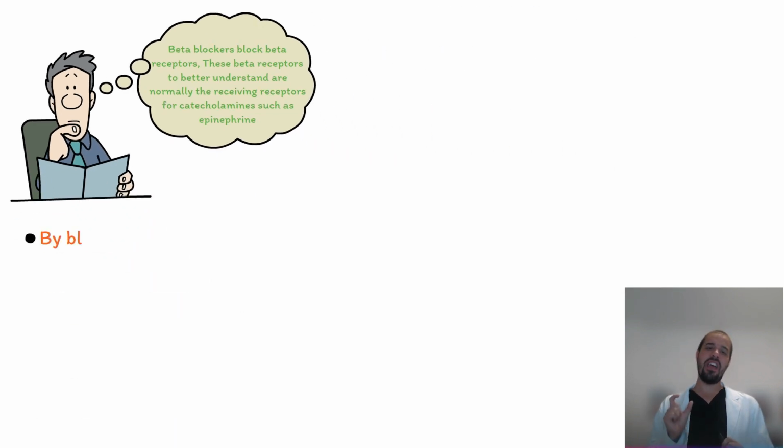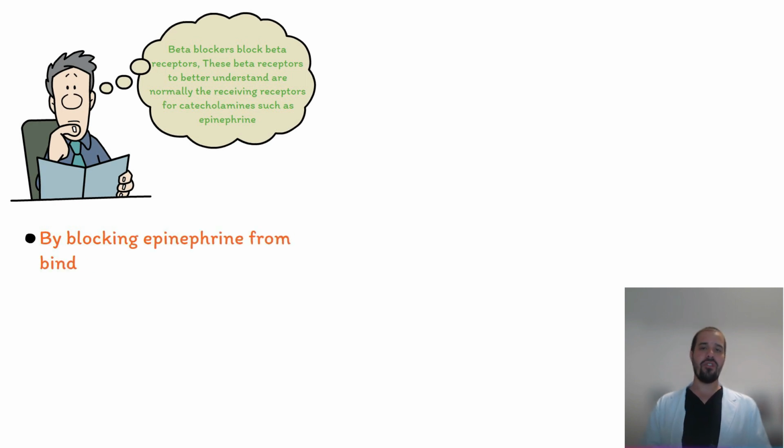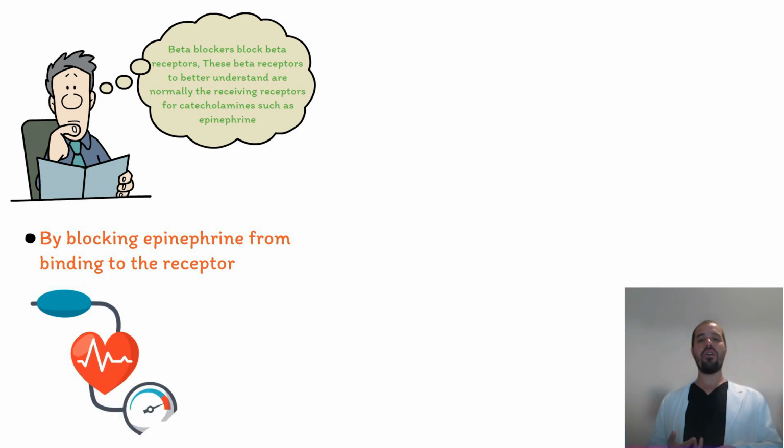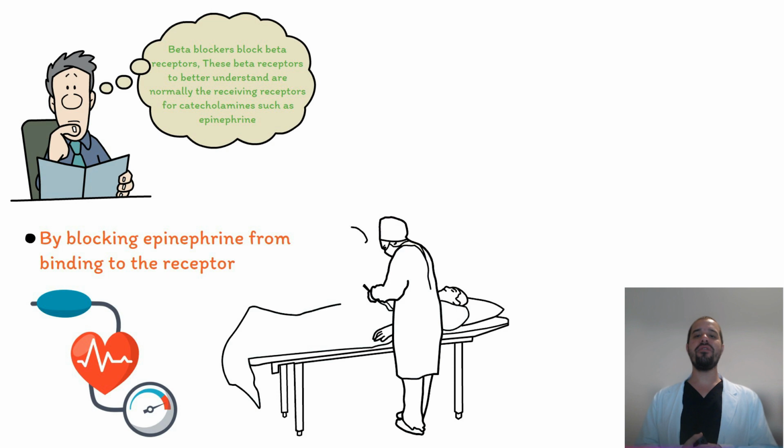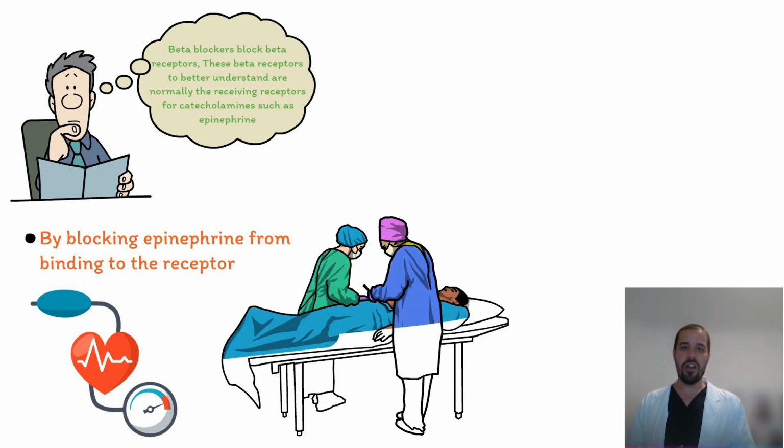By blocking the epinephrine from binding to the receptor, we are causing a drop in heart rate, a drop in blood pressure, and a drop in cardiac contractility. This is what provides the effects that are normally seen in a patient on beta blockers.